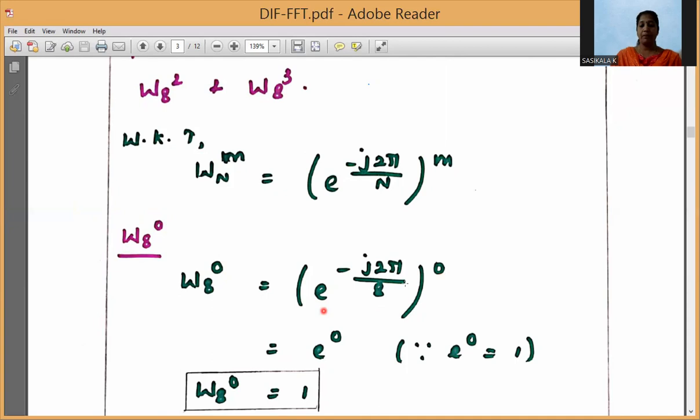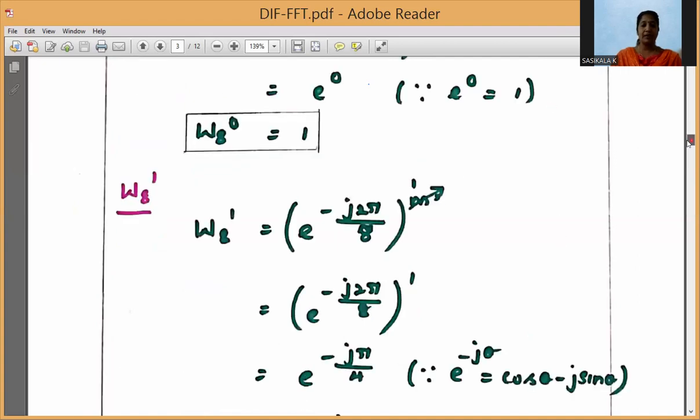Here j 2 pi is multiplied by 0, so it becomes e power 0. We know that e power 0 is 1. So W8 power 0 becomes 1. So this is the first twiddle factor.